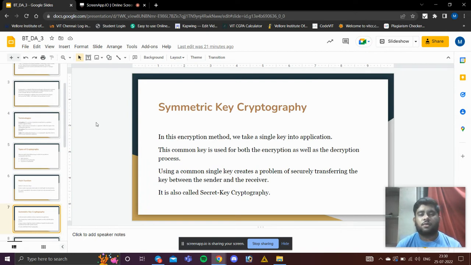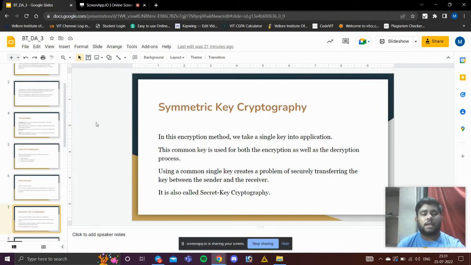Symmetric key cryptography. In this encryption method, we use a single key. The hash function didn't have any key, and symmetric has one key for the encryption process. This common key is used both for encryption as well as decryption. As we saw, decryption is also necessary in cases where we need to know the original plain text from the ciphertext.